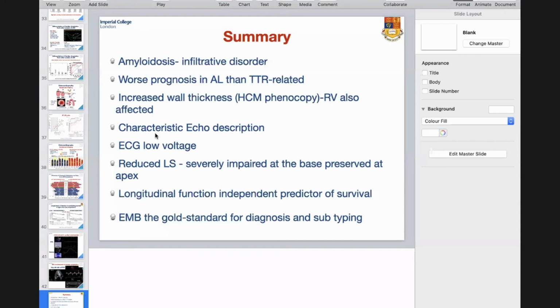There are some characteristic echo descriptions as we discussed. Low voltage ECG, when it occurs, not always, is quite characteristic. Longitudinal strain is reduced, severely impaired at the base compared to the apex, which is preserved.